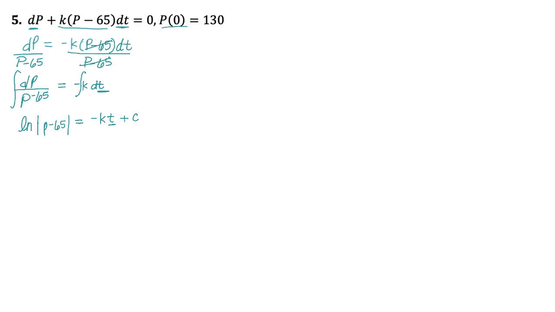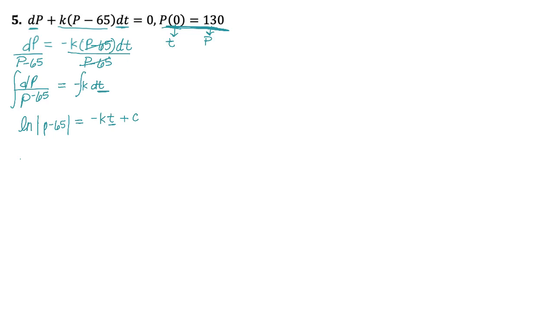Oh, no, we're not. We've got our ordered pair here. So when we go to plug in, we've got 0 and we've got 130. And so our 130, that's going to be our p value. And 0, that's going to be our time.